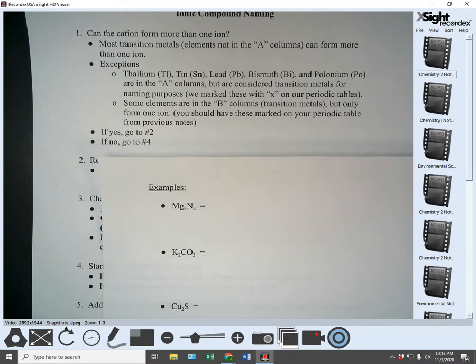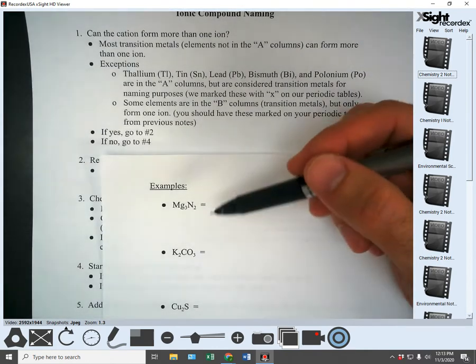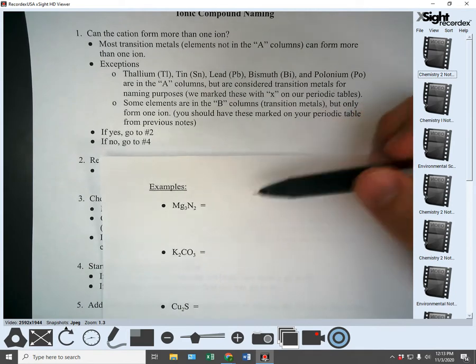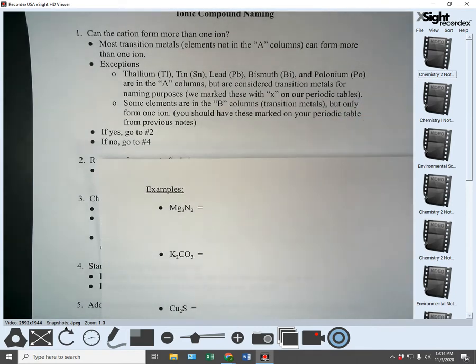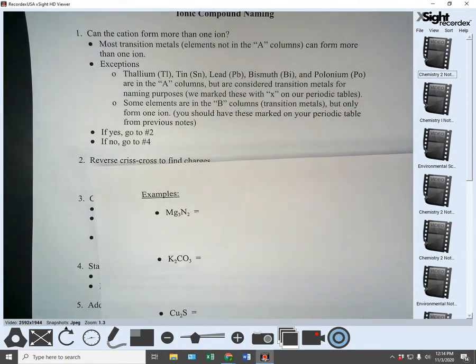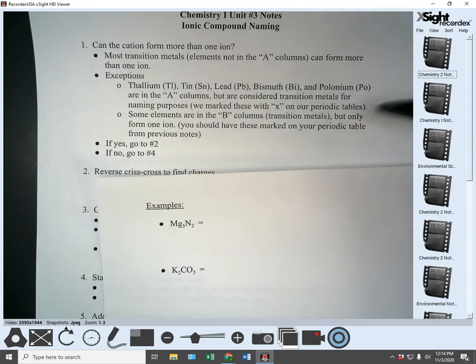One of the things I should explain first is that when you're looking at a formula, the first thing you do is figure out if it's covalent or ionic, or one of the ones we haven't done yet, acids or hydrates. This set of instructions assumes that you already know it's an ionic compound.